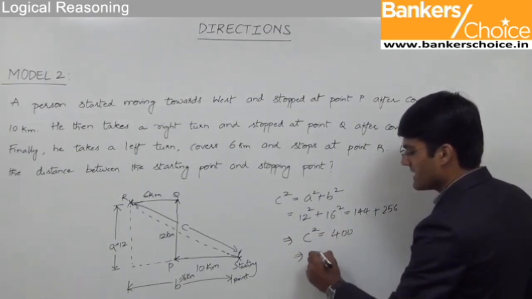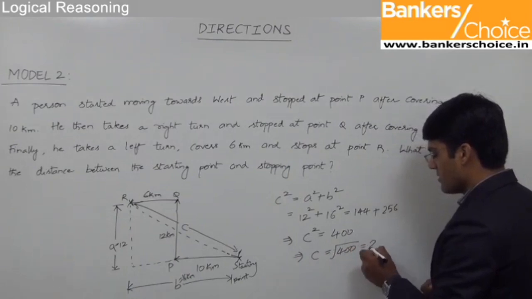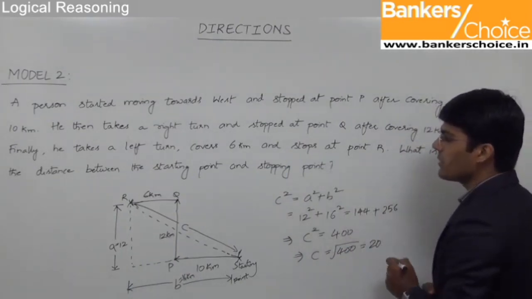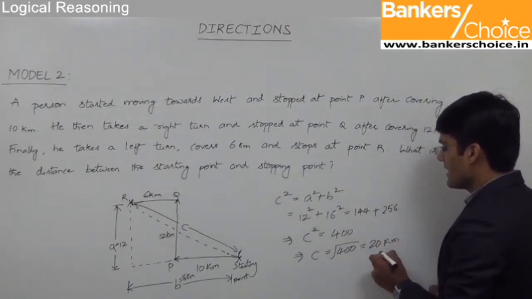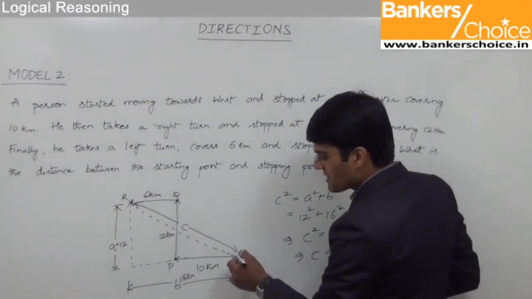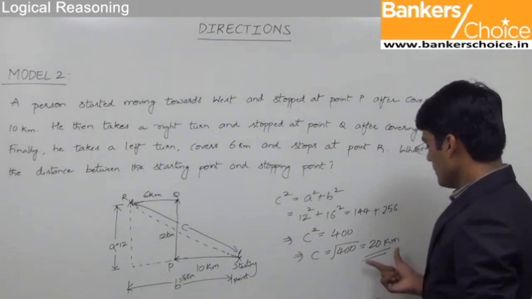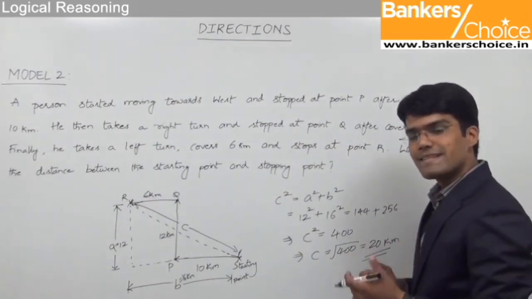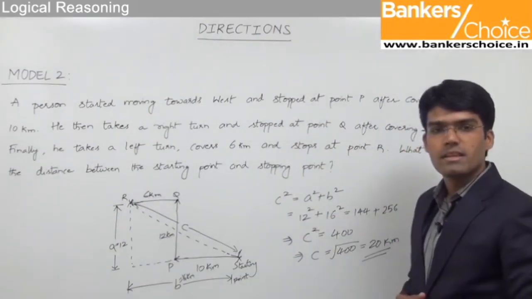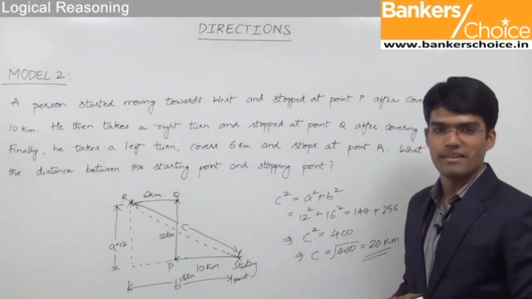And from this we can say that the length C will be root over 400, that is 20. And as the units given are kilometers, this can be taken as kilometers. So we can say that the distance from the starting point to the stopping point R will be equal to 20 kilometers. So friends, this is how Pythagoras theorem can be applied in certain questions to get the distance between the 2 given points.